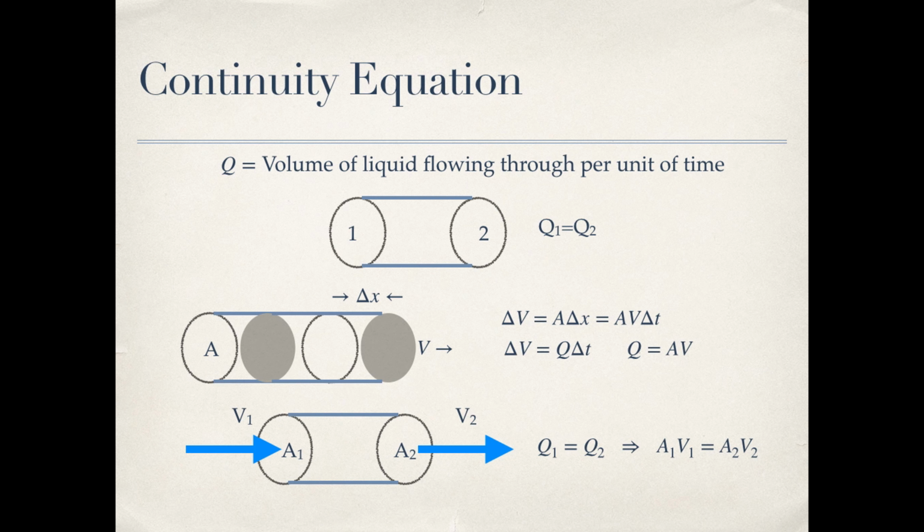So from that equation, very easily, we can calculate that the product of area times velocity must be the same. And that is called the continuity equation. That is a reflection of the conservation of mass, that the mass of the liquid passing through that pipe cannot disappear.